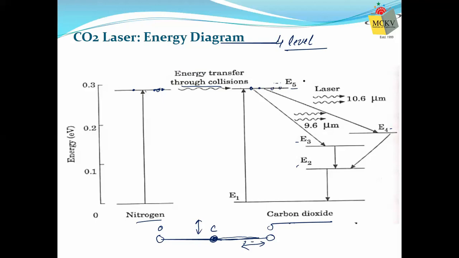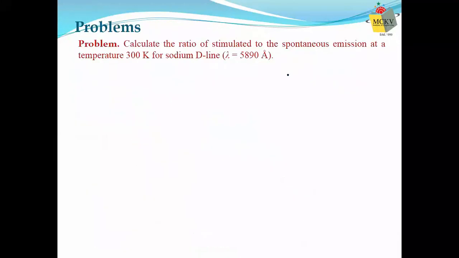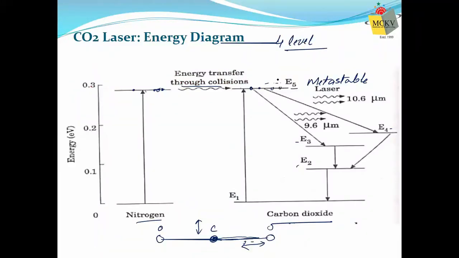And this one is the metastable. You remember, in case of helium neon, this one is the metastable energy level. Just like that. This is the metastable energy level. Now, the difference is that generally population inversion occurs between the metastable energy level and the energy level just below it.